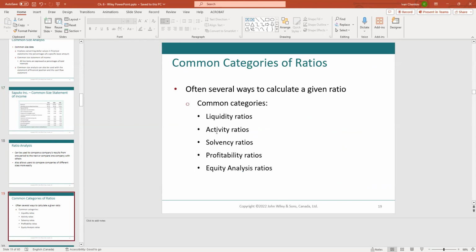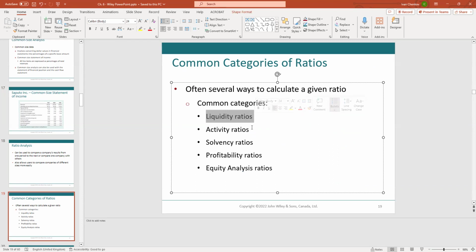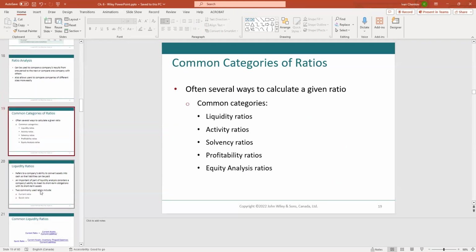Which are the common ratio categories that we're gonna use to compare companies? The most common categories are liquidity ratio, activity ratio, solvency ratio, profitability ratio, and equity analysis ratio. Now we're going to go one after another to see what's the difference.